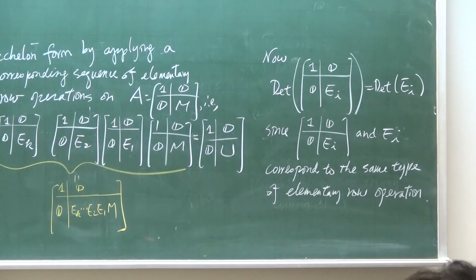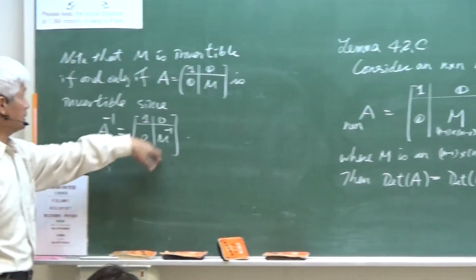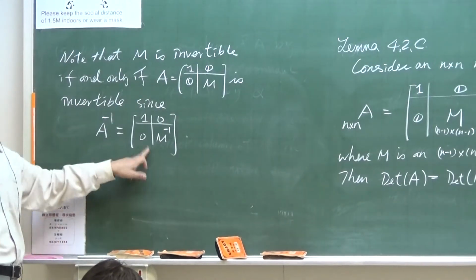Since the inverse is, okay, you can check. Now if M is invertible, it means M inverse exists. Then A has an inverse which is equal to the formula.